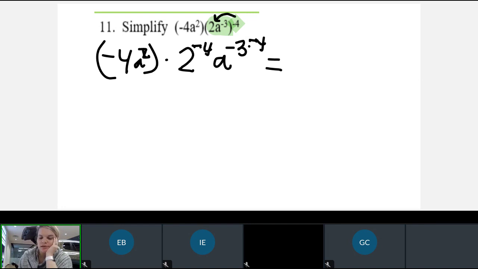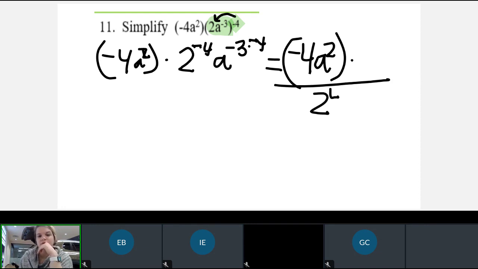So what happens to this now is we have negative 4a squared times this 2 to the negative 4 is going to go to the bottom to be 2 to the positive 4. Right? We want to get rid of negative exponents. And then this one up top becomes positive because a negative times a negative is a positive. So that would be positive 12.